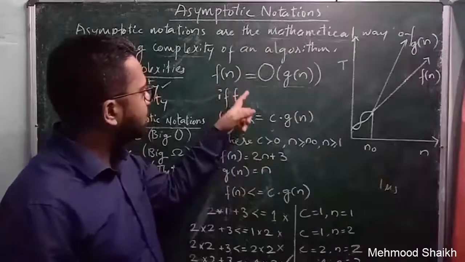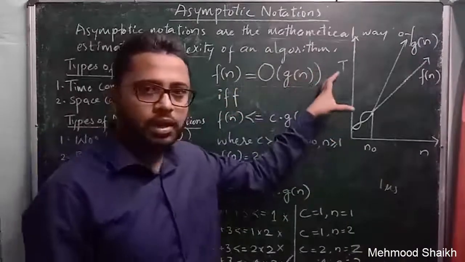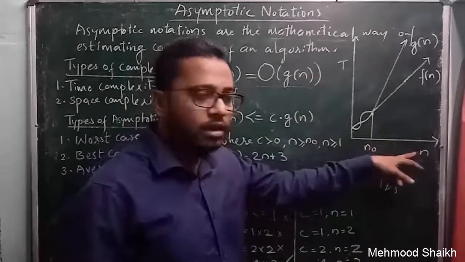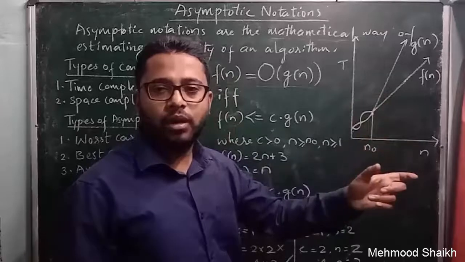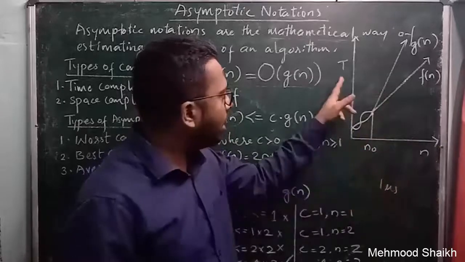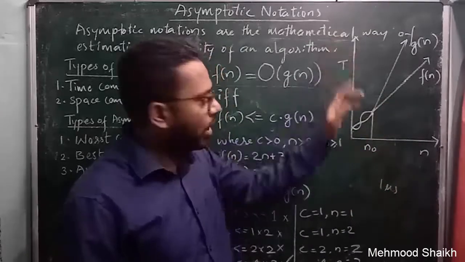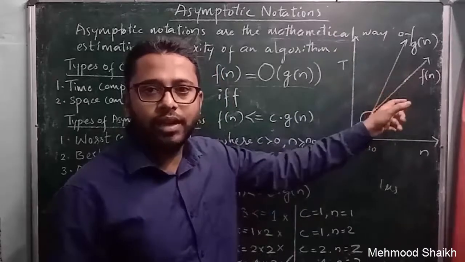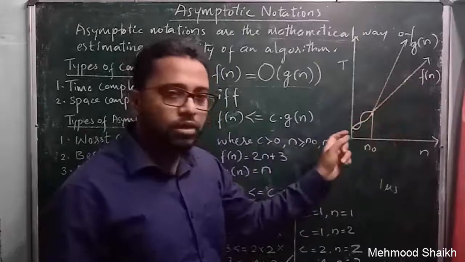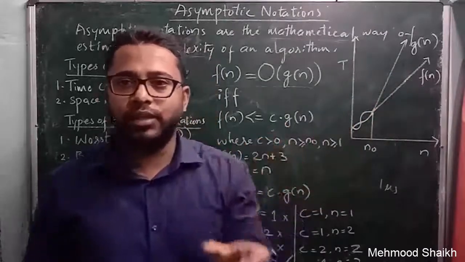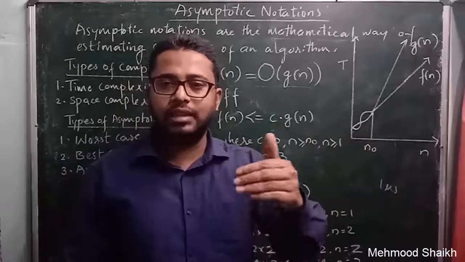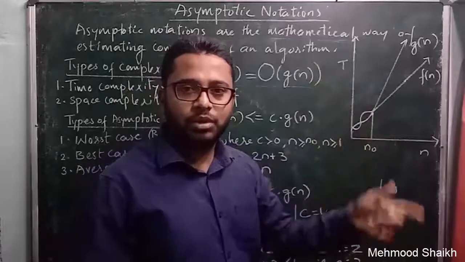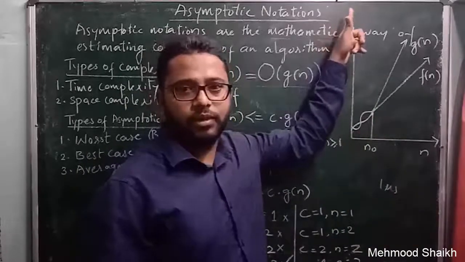Now we will try to understand this with the help of this graph with x and y axes. On the x axis I have taken the size of input or the number of steps, and on the y axis I am taking the time. As you can clearly see, the graph is moving in a linear fashion, which indicates that as you keep increasing the size of the input, or the number of steps, the time taken by the algorithm to execute those steps also increases.